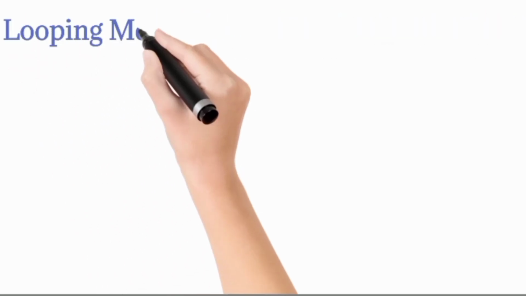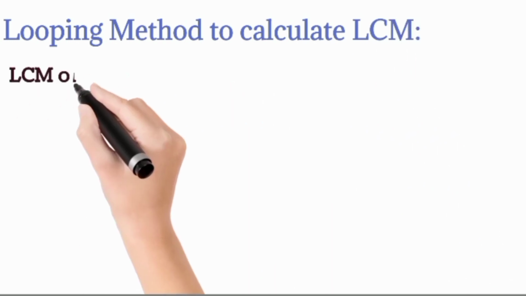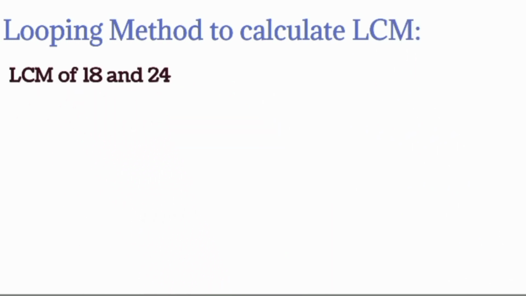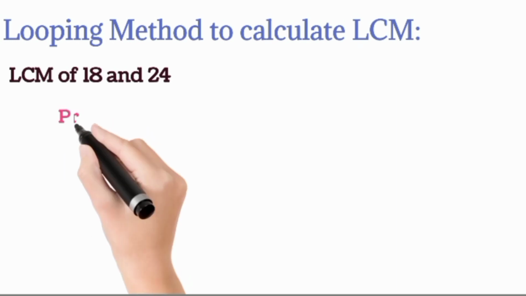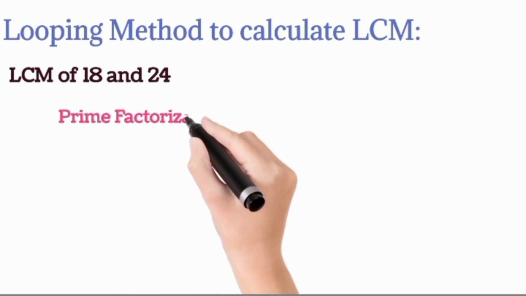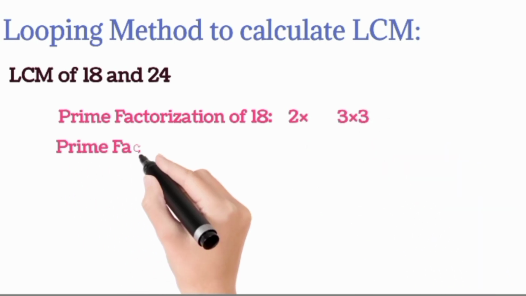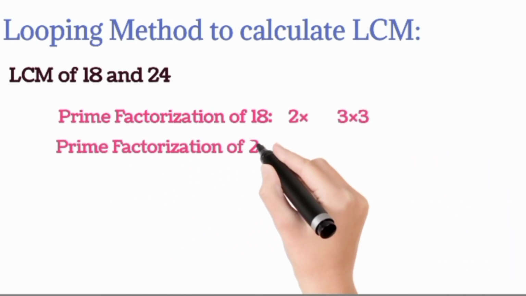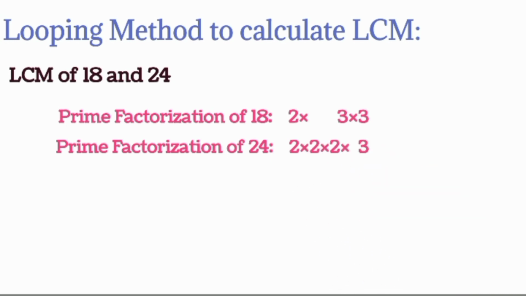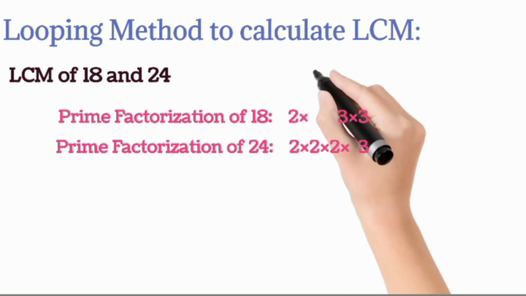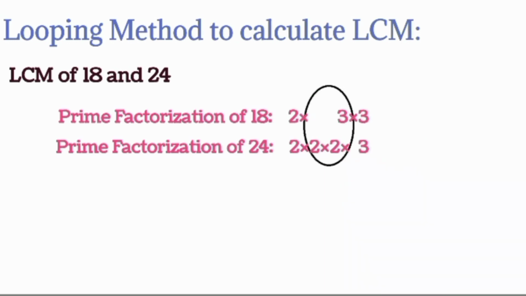Now let's learn about the looping method to calculate the LCM of 18 and 24. For the looping method, we need the prime factorization of 18 and 24. For 18, it's going to be 2 times 3 times 3. And for 24, it's going to be again 2 times 2 times 2 times 3. I'm going to mark the uncommon factors first.